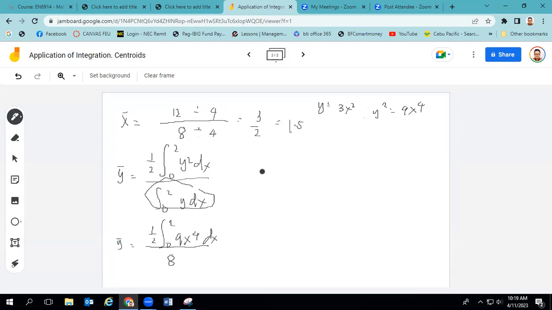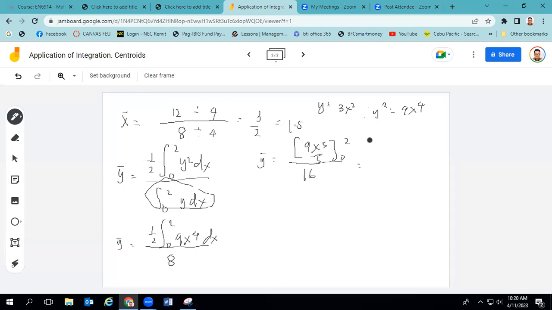Let's make that as simple as we can. So have here y bar, you have here 1/2, or this one, 2 times 8 becomes 16. How about this one? 9x, 4 becomes 5, all over 5, 0 to 2.